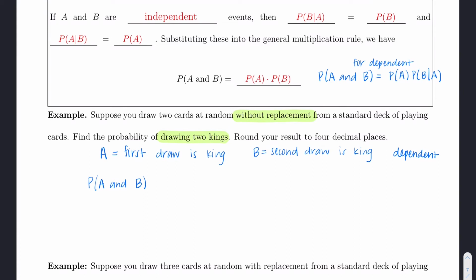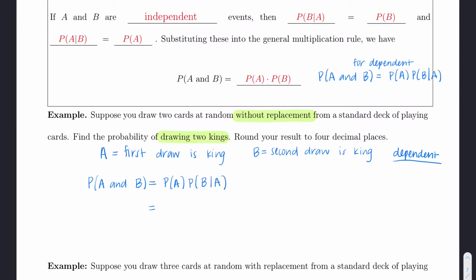When you go to pull that second card, the probability of it being a king has been affected by the fact that you've already removed a king. That means that these two events are actually dependent, and that's why I have that written over here. So now we have to use the formula for dependent events.